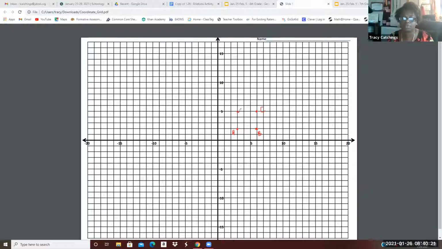All right, so that's the first one. What was part B? Give me a thumbs up if you have your Tuesday activity in one tab and your coordinate grid in another, or you have paper.